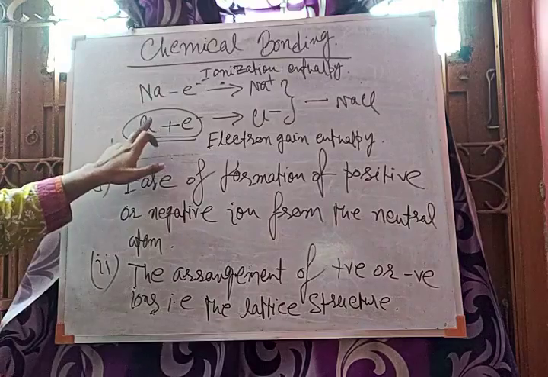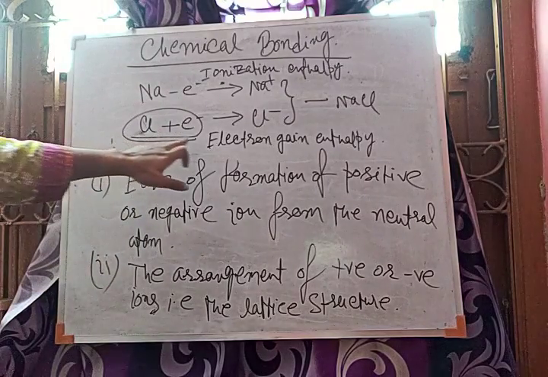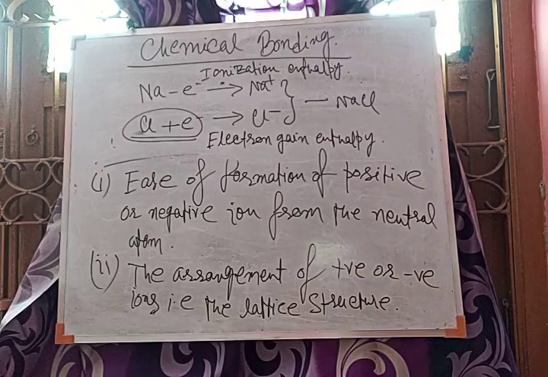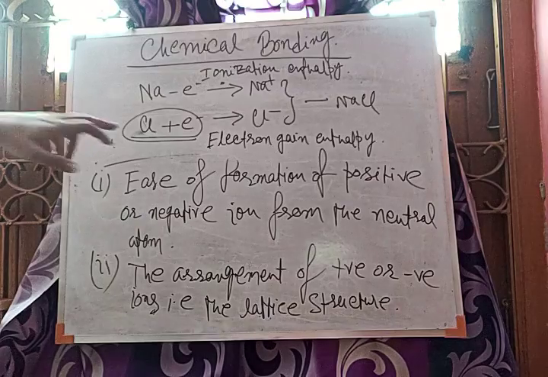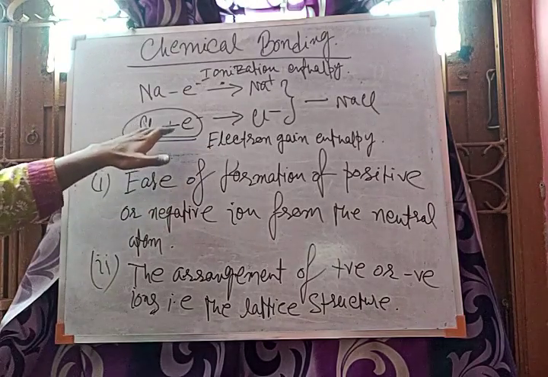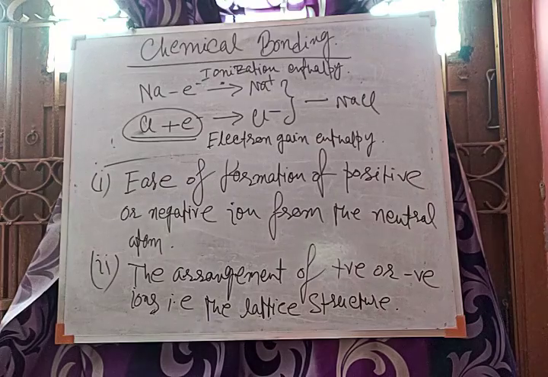And in the case of the negative ion, the electron gain enthalpy should be high enough. When the electron gain enthalpy is very high, the atom will accept the electron easily and quickly.